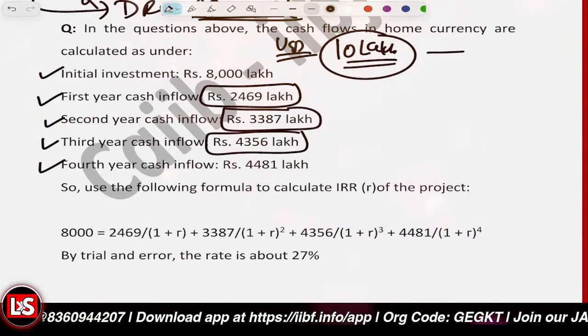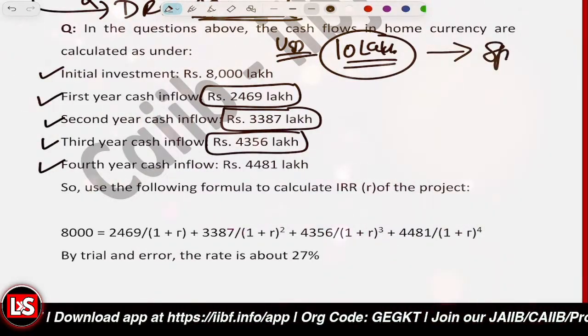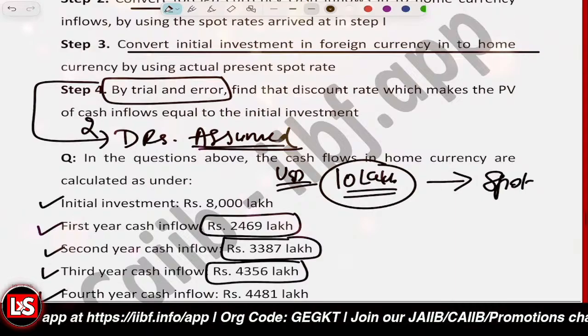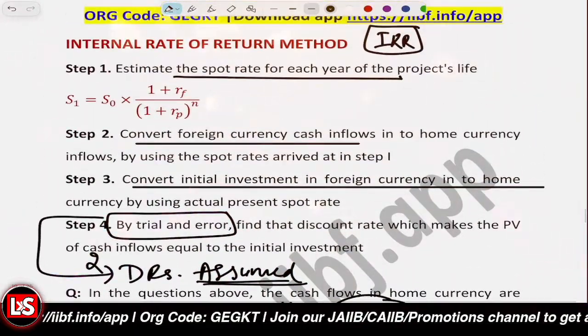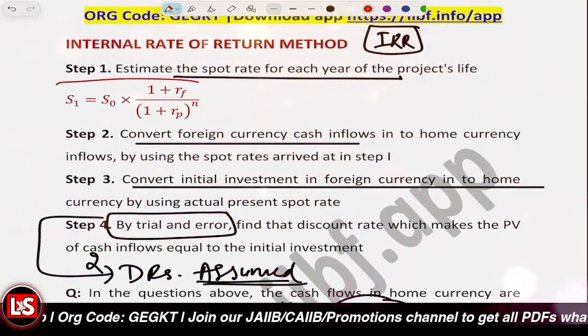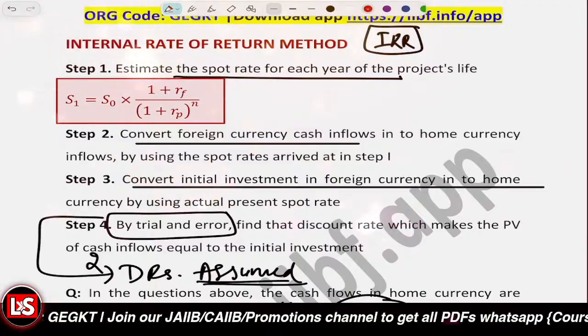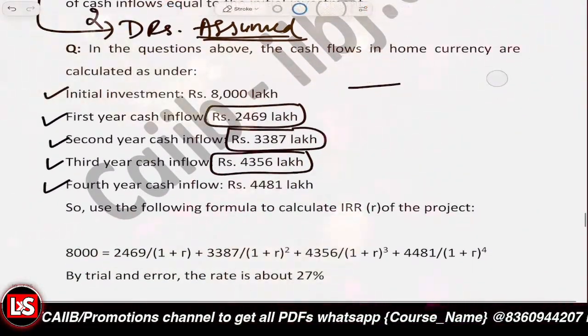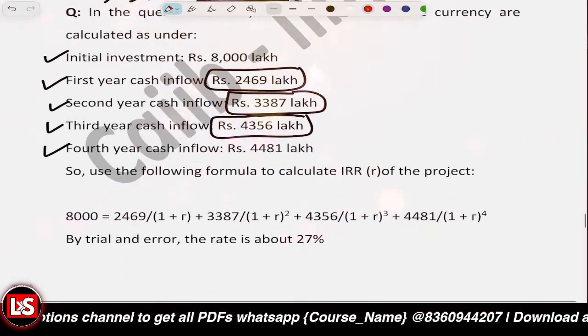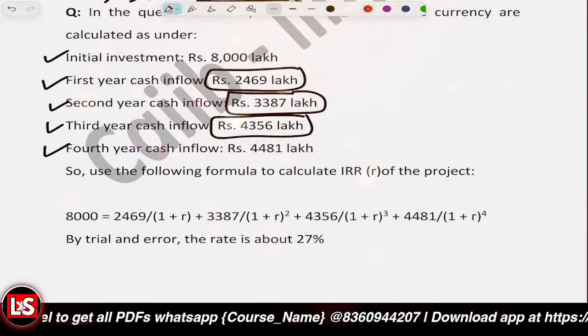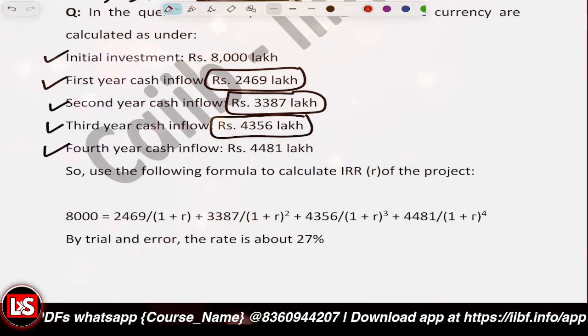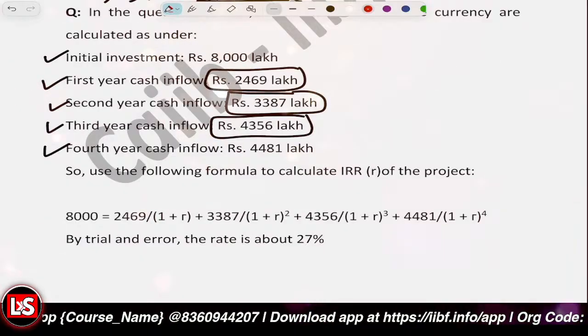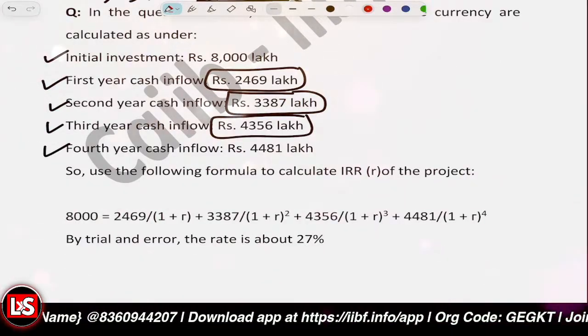First of all, we estimate the spot rate using the formula that we covered above. Using this formula, you convert them into INR, and after that you discount them by the hit and trial method, by assuming rates.